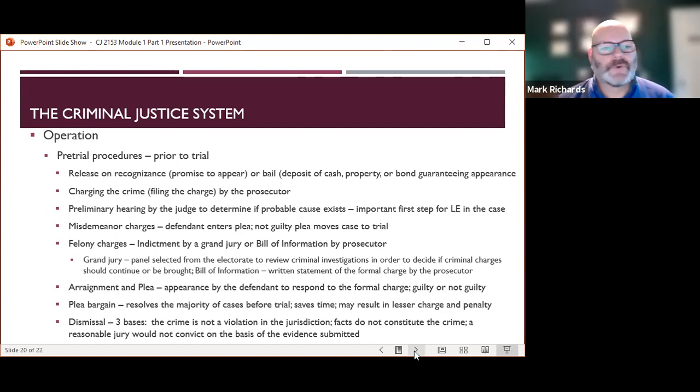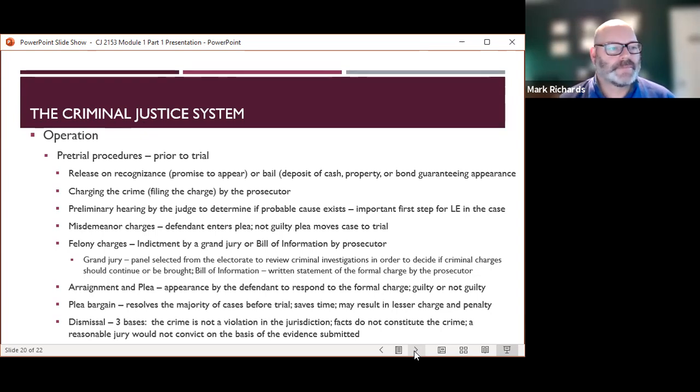They can be released on bail, which is a deposit of cash, property, or bond guaranteeing appearance. The second portion of pretrial procedures is the charging of the crime, filing of the charge by the prosecutor. This is where the prosecutor makes a decision to pursue the case.